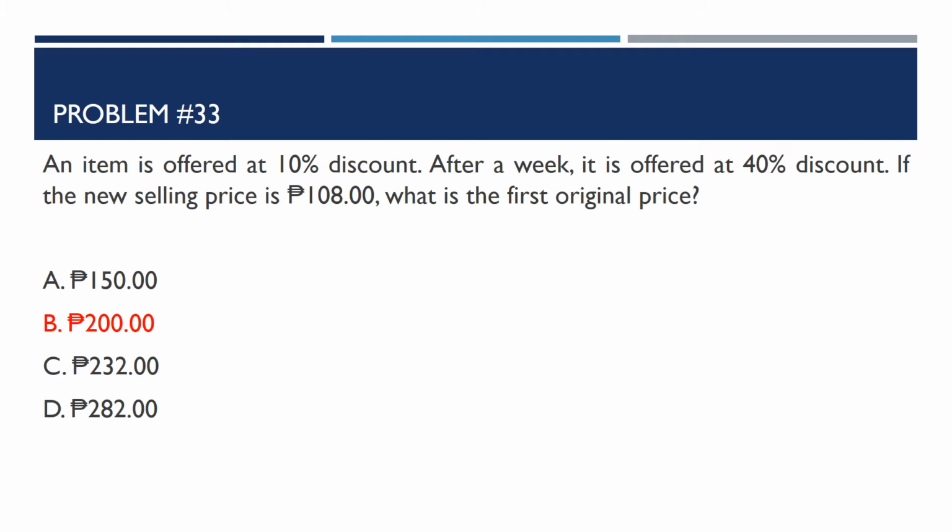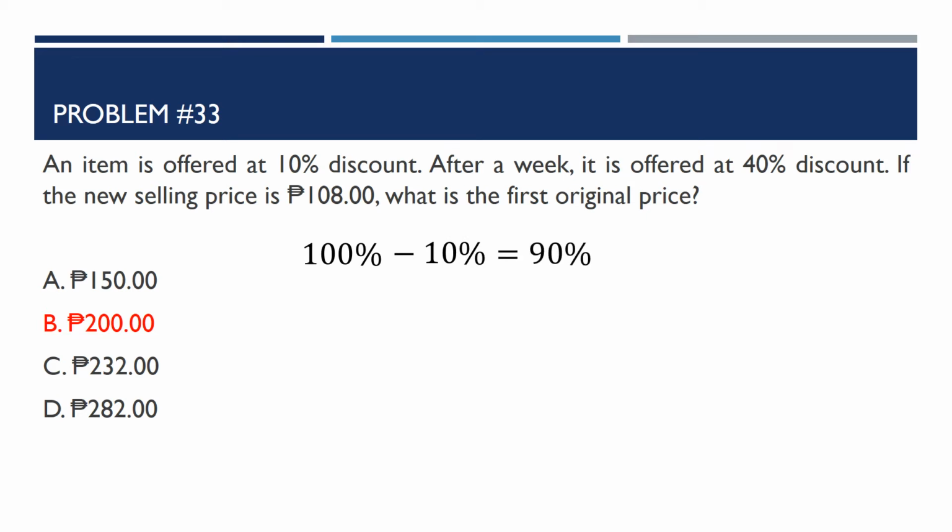What we are trying to get first is the percent that is represented by this 108 pesos. To do that, let us put first the original amount, which is 100%. We don't know how much that is, but we are sure that it's 100% because it's not yet deducted with a discount. And then there's a 10% discount.